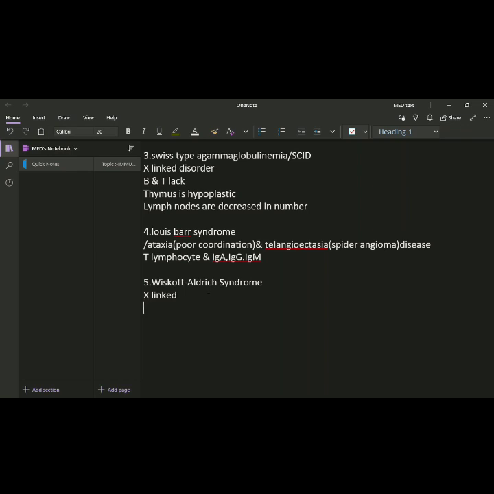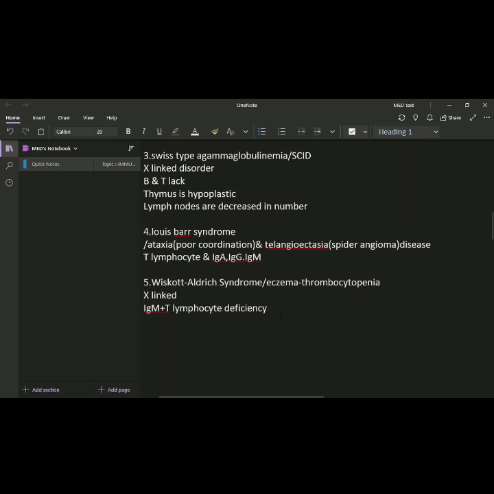Here we can find IgM combined with T lymphocyte deficiency. This syndrome is also called eczema thrombocytopenia. Eczema means rashes on the skin, and thrombocytopenia means decrease of platelet number.